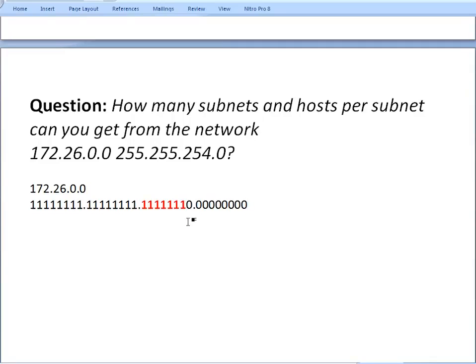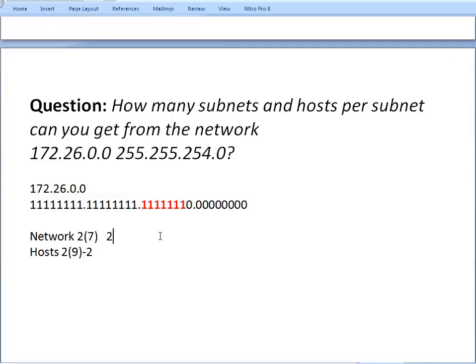From the formulas, you have to remember the network formula was 2 to the power n, and the host formula was 2 to the power n minus 2. For the networks we have 1 2 3 4 5 6 7, 7 ones, and for the hosts we have 1 2 3 4 5 6 7 8 9, 9 zeros.